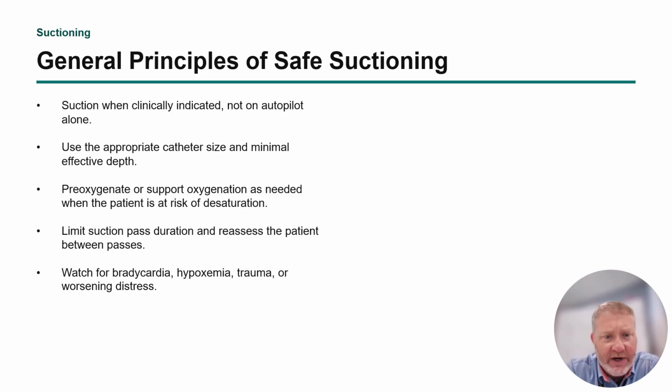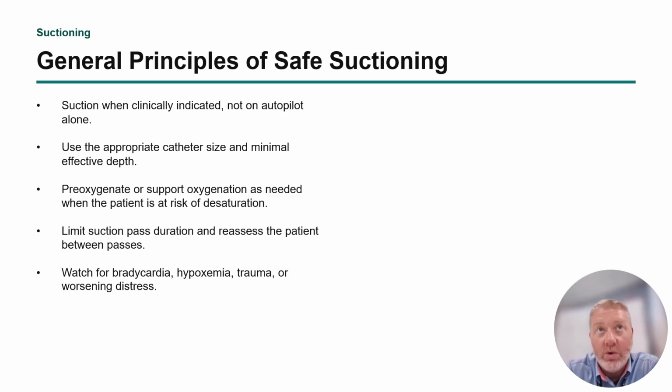Always pre-oxygenate at 100% before suctioning, and then always limit. Limit the duration that you're down there, no more than 15 seconds. Limit the attempts, or the number of times that you pass a suction catheter, and always reassess the patient before suctioning again. Don't just say, oh, I'm going to suction 6 times.